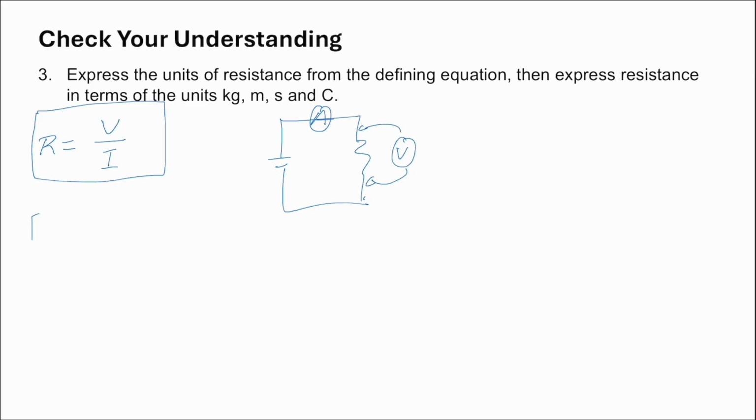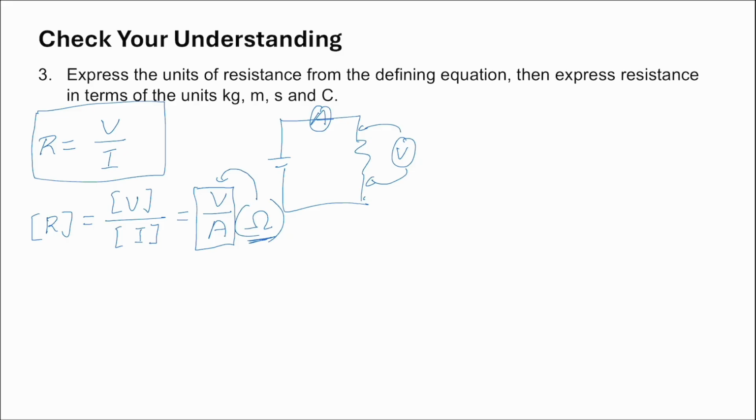The unit of resistance is the unit of V over the unit of I. It means volt per ampere. Of course, we also use another one: ohm. The ohm here, you can think of as a preferred name for V over A. So you can say V over A, volt per ampere, or most people will say ohm.